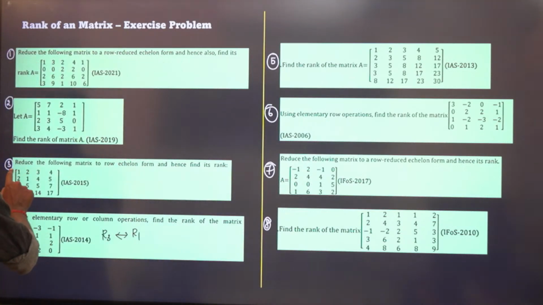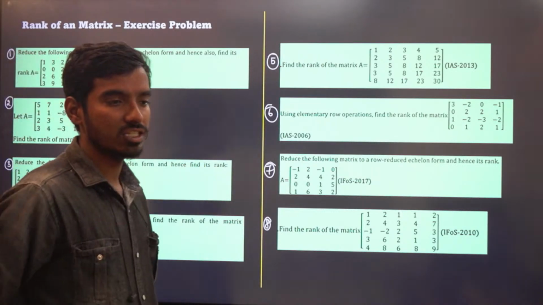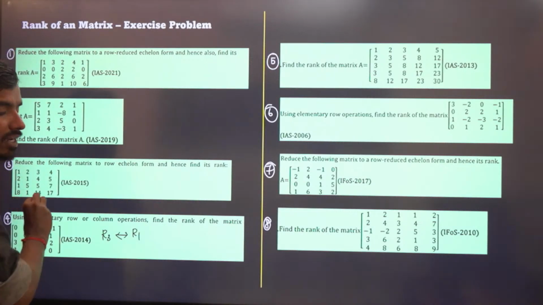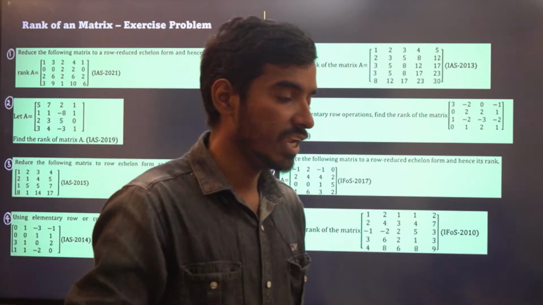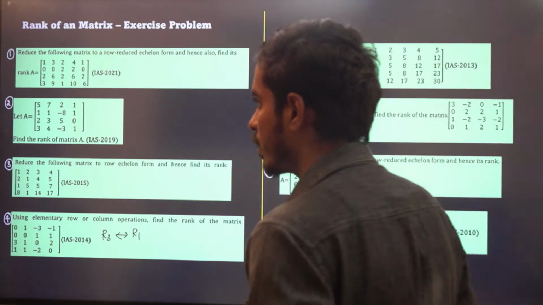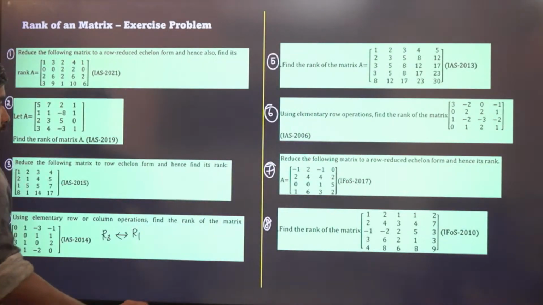For this matrix, number of rows is 1, 2, 3, 4, 4 rows, and columns is 1, 2, 3, 4. This is a 4 cross 4 matrix, right? You just write 4 cross 4, and they will ask you to enter the matrix. It will show you the detailed solution also, that row echelon form reduction also will be shown in the calculator.